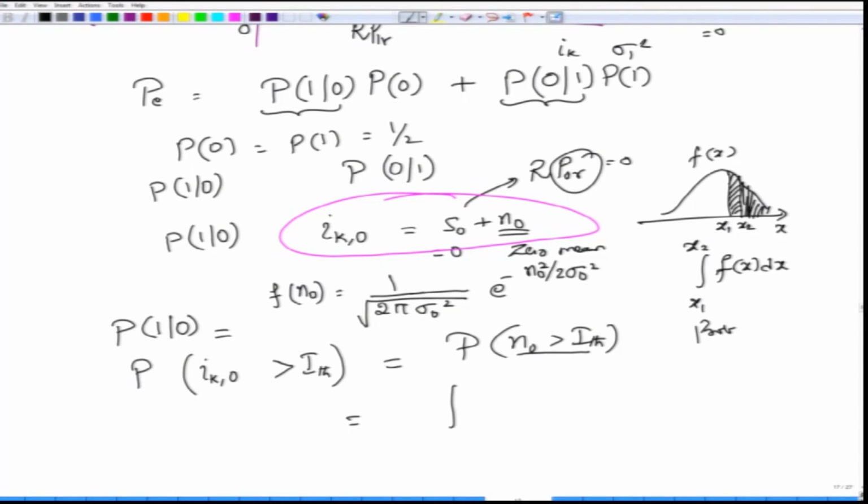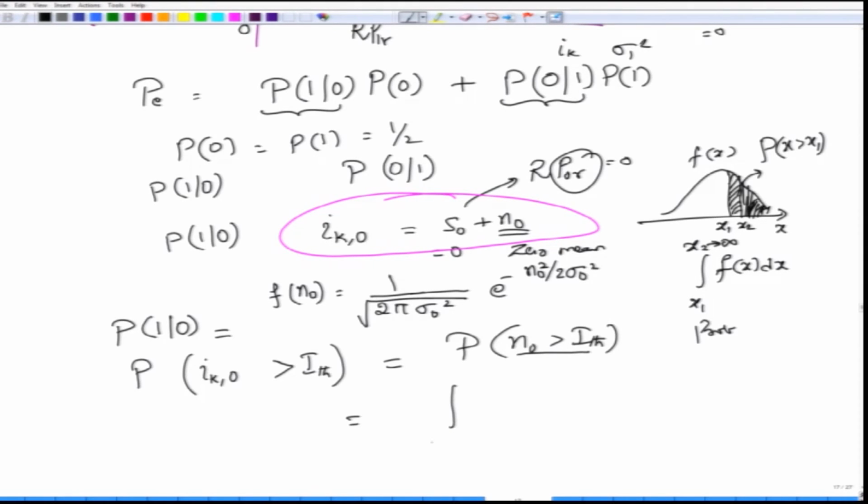So, the probability within this entire area is simply the probability that the value x is greater than x1. The probability that your output is greater than x1 is obtained by integrating from x1 to infinity. So, you can simply write down what you are going to get here. This would be the probability that noise is greater than the threshold current.